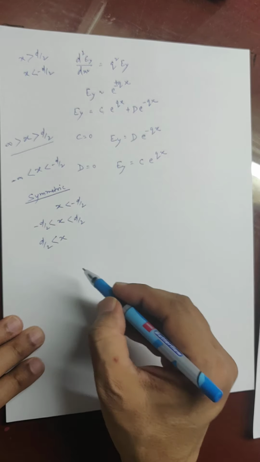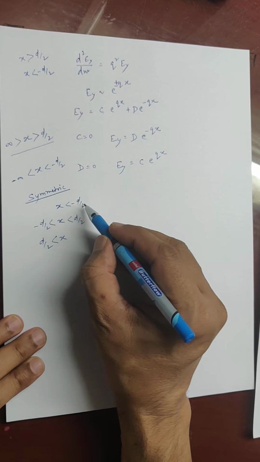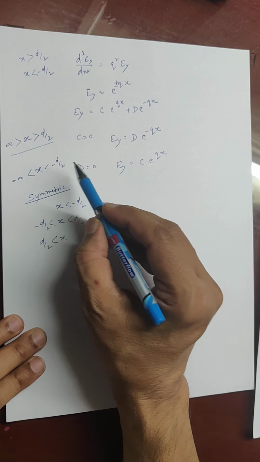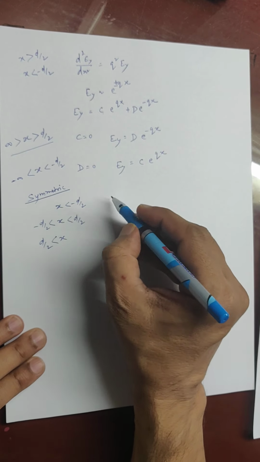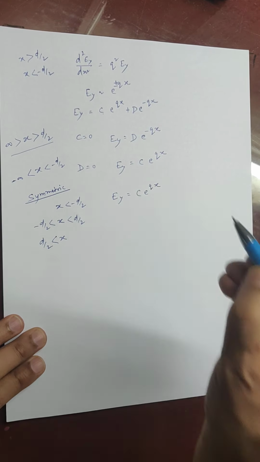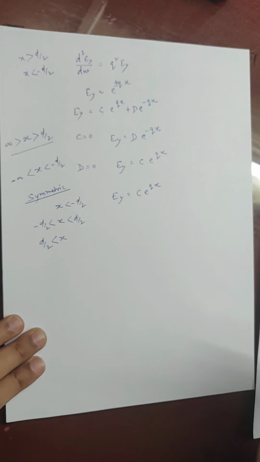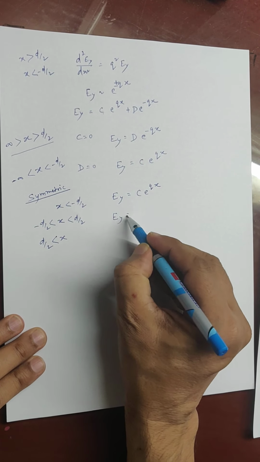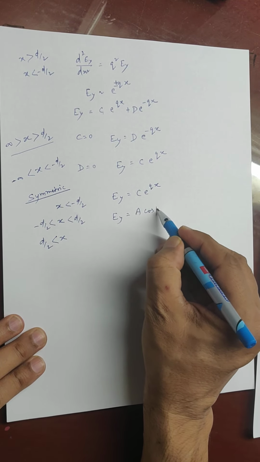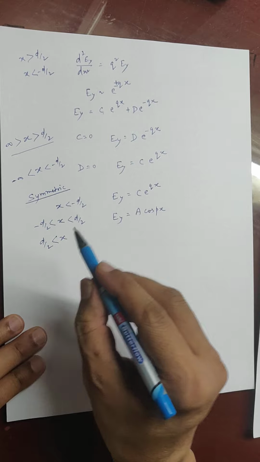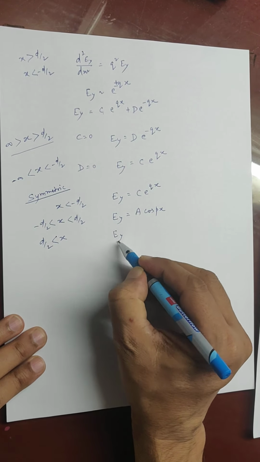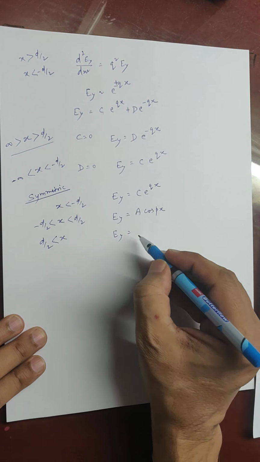In the region x less than minus d by 2, Ey is equal to c e to the power qx. In the middle region, we have already shown that since this is symmetric, Ey would be equal to a cos px. And in the last region, Ey would be equal to d e to the power minus qx.